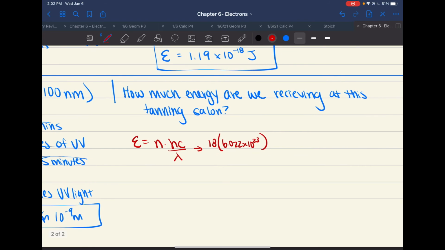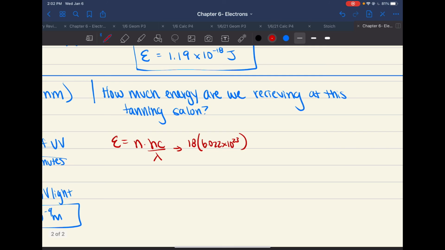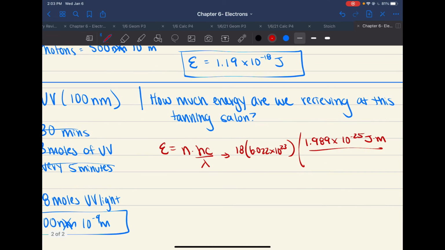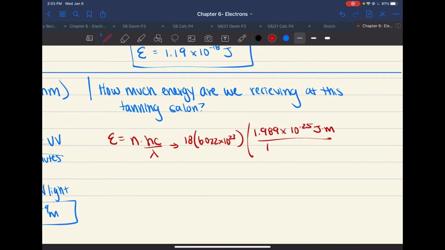So 18 times 6.022 times 10 to the 23rd photons times each of those photons' energy, which I'm already going to make the summation of 1.989 times 10 to the negative 25th. If you're a little bit confused about how I got that, just review back to a few minutes ago. That's joule-meters, divided by the wavelength, which is 100 nanometers, but we have to do it in meters, so it's 100 times 10 to the negative 9 meters.